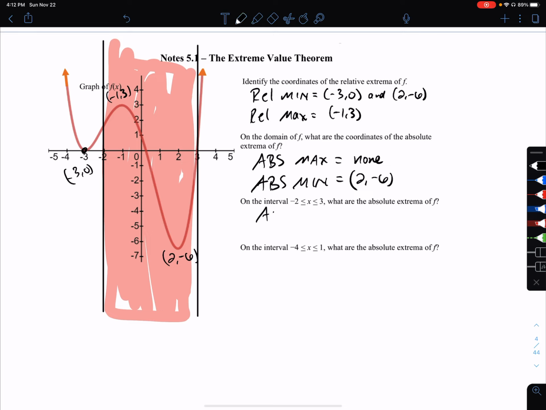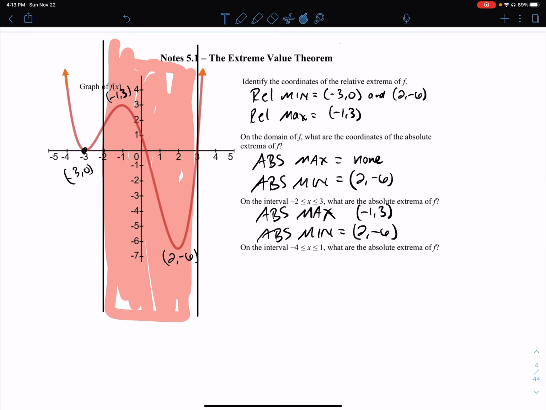Well, the absolute minimum is still going to be 2, -6. The absolute maximum, well, it looks like the highest point now is -1, 3. So by changing the domain, we actually had an absolute maximum. If we had the domain as being all real numbers, there was not a highest point on the graph.